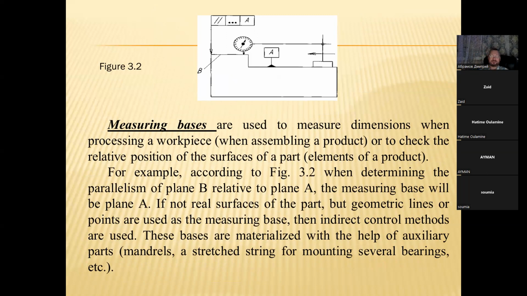And the third type of basis is the measuring basis. Measuring bases are used to measure dimensions when processing a workpiece, when assembling a product, or to check the relative position of the surfaces of a part or elements of a product.